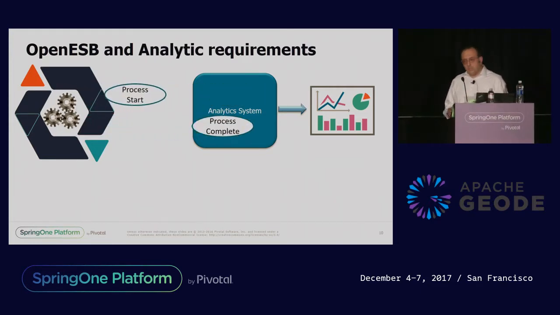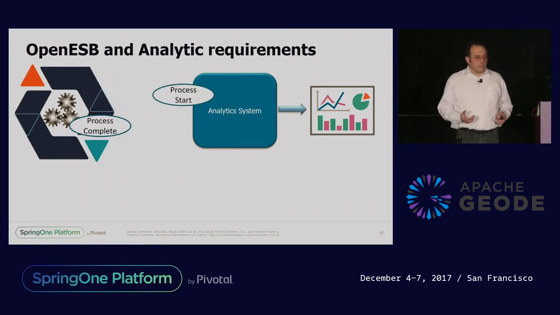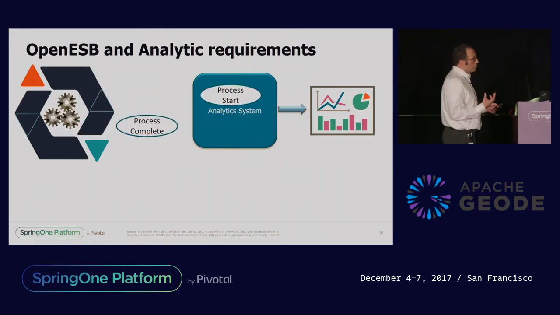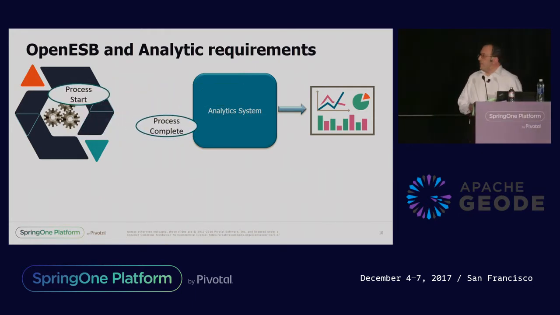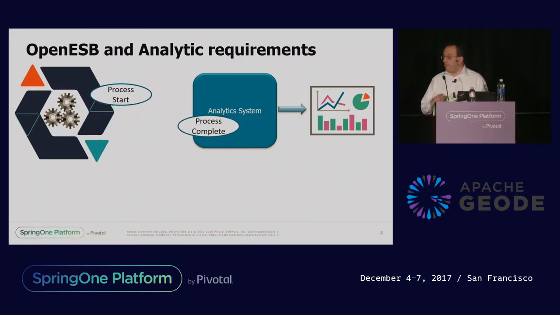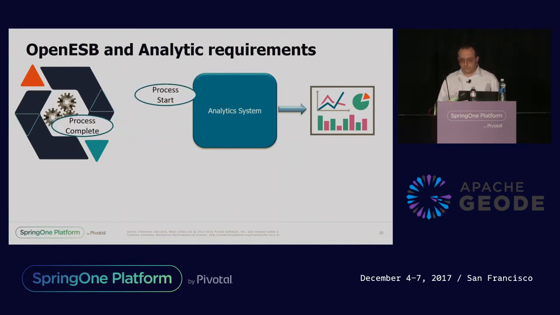And we can generate billions of messages every day. Our customers had these events available, but 1 or 2 years ago they asked us to create an analytic system to capture these events and then generate dashboards and reports.